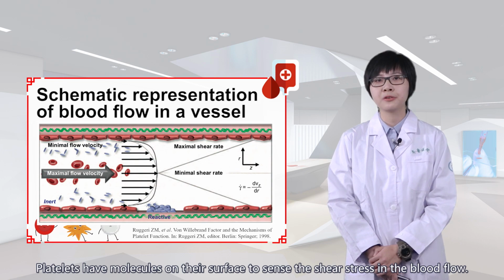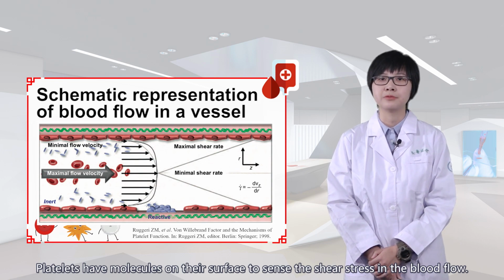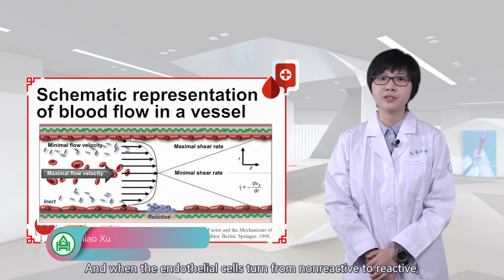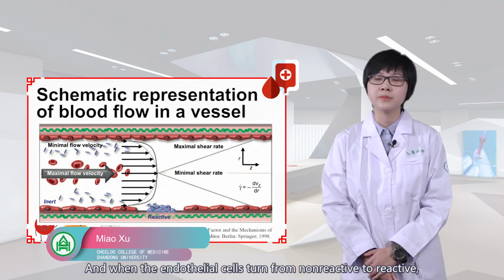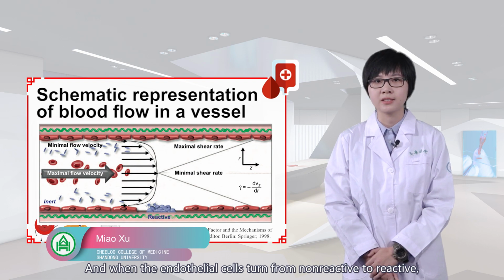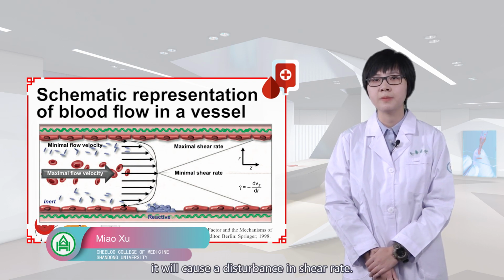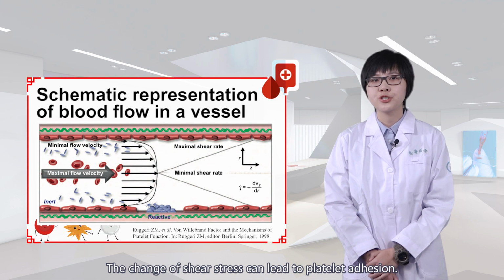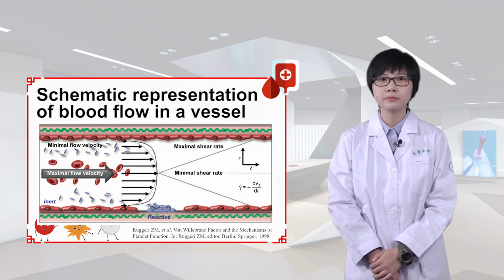Platelets have molecules on their surface to sense the shear stress in the blood flow, and when the endothelial cells turn from non-reactive to reactive, it will cause a disturbance in shear rate. The change of shear stress can lead to platelet adhesion.